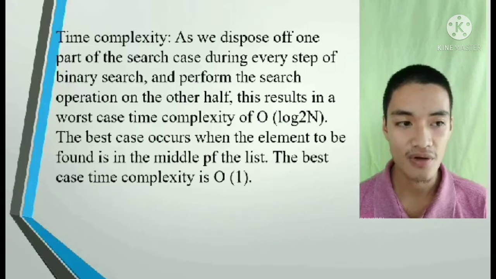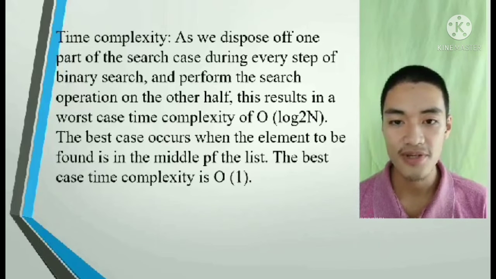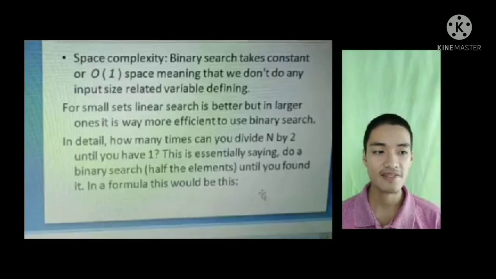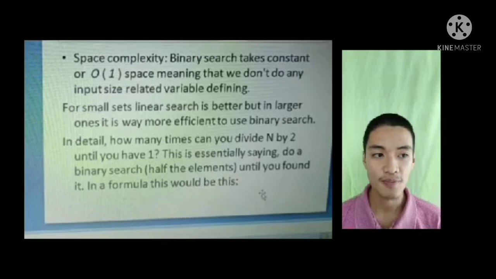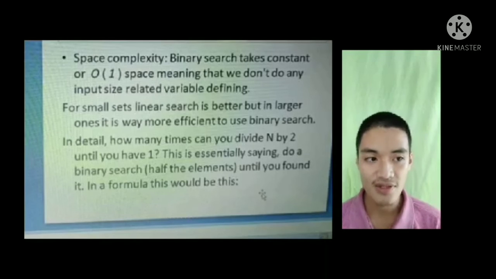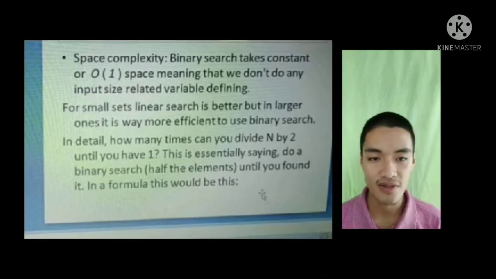The best case time complexity is O(1). Space complexity. Binary search takes constant, or O(1), space, meaning that we don't define any input size related variables.